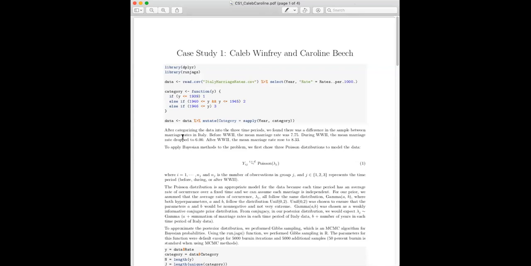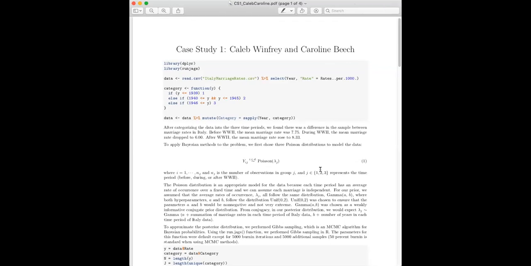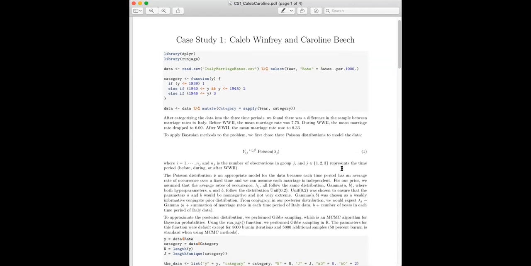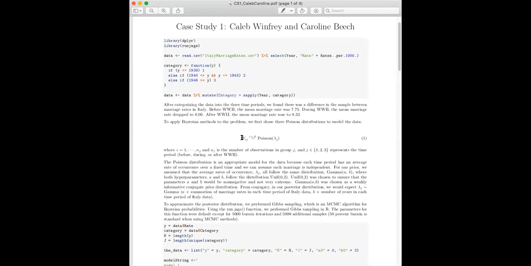Since these are marriage counts, we chose a Poisson data model. We had a different lambda for the 3 different time periods, but all of the lambdas followed the same prior distribution. So it's that hierarchical modeling idea of some shared information, but not exactly the same.